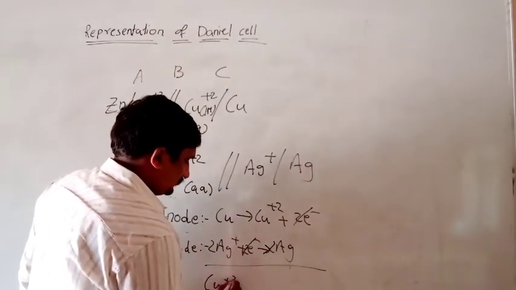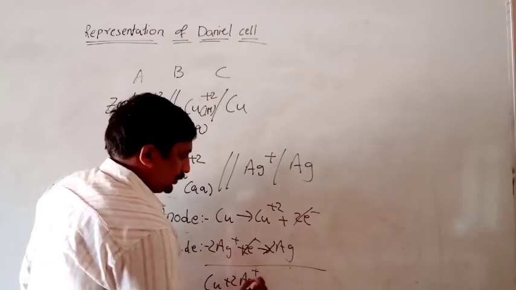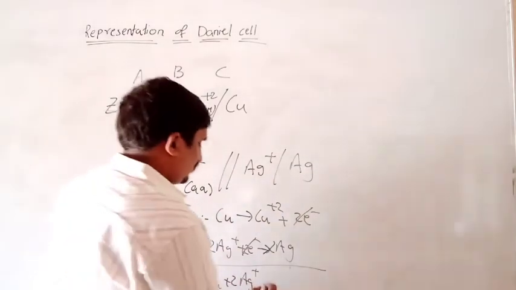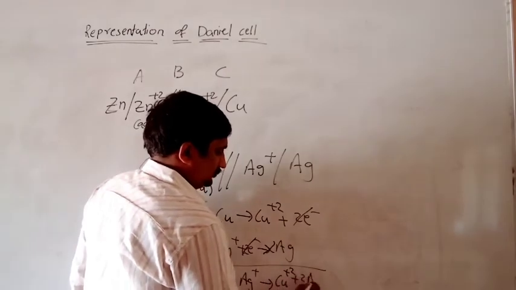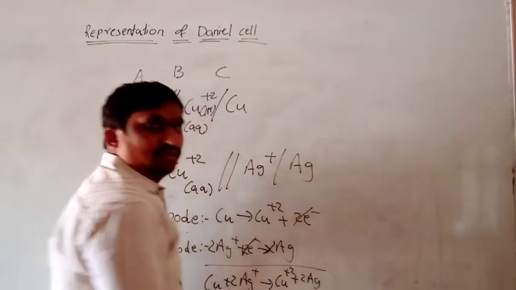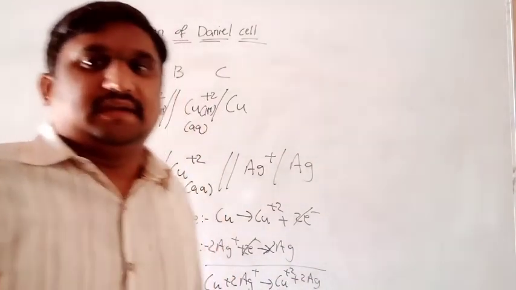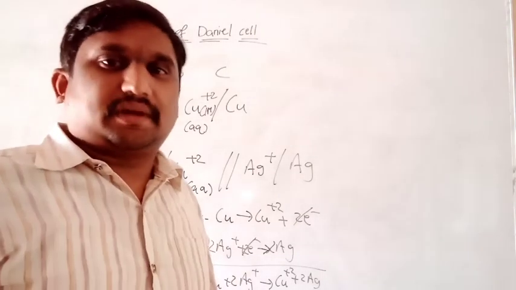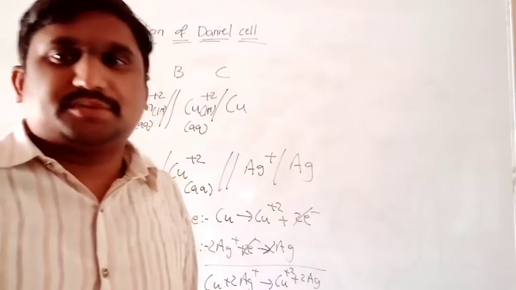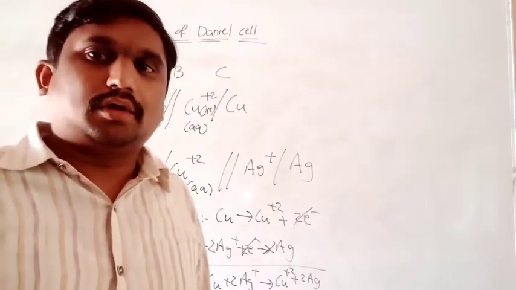Cu plus 2Ag plus gives rise to Cu plus 2 plus 2Ag. It is the overall reaction we are getting here. In this way, when the representation is given, we must be able to write the overall reaction.